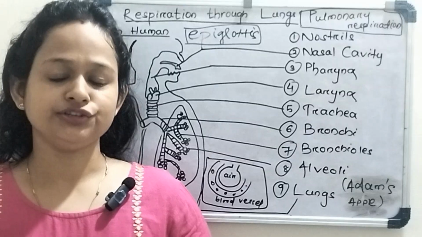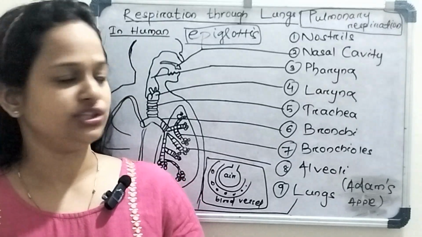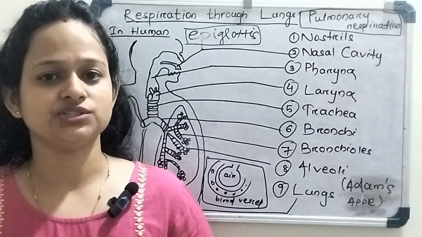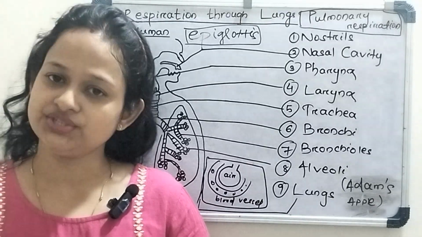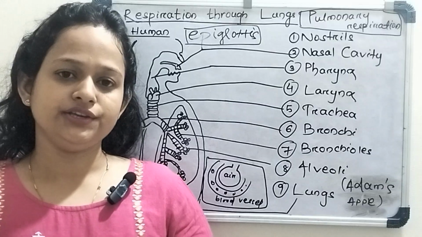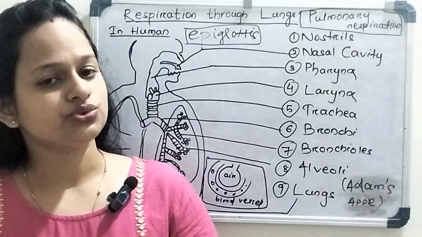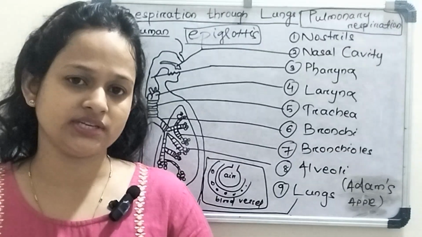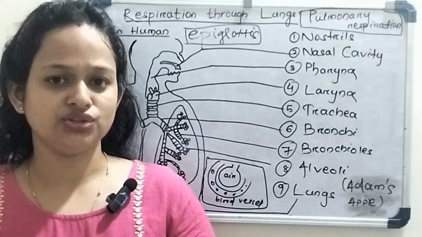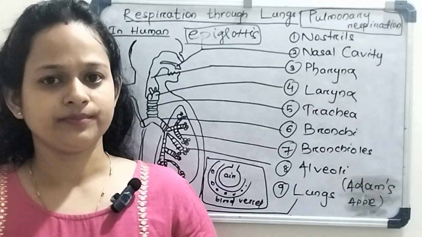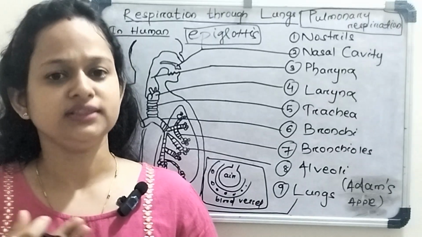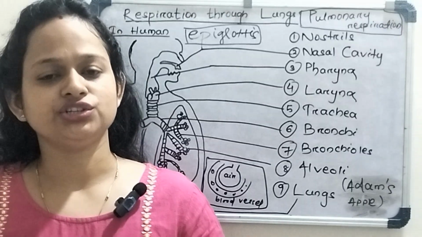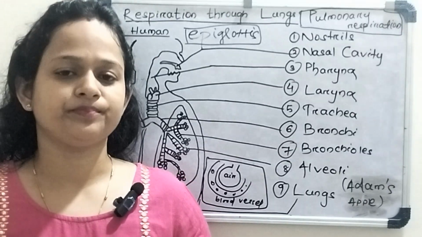So next come to the pharynx. When the air enters the nasal cavity, it runs into the pharynx. The pharynx is the common passage for both the digestive and respiratory systems. Here, the pharynx also contains ciliated epithelial cells and mucus secreting cells, which help in the filtration and moistening of the air. So, it prevents the entry of germs into the lungs.